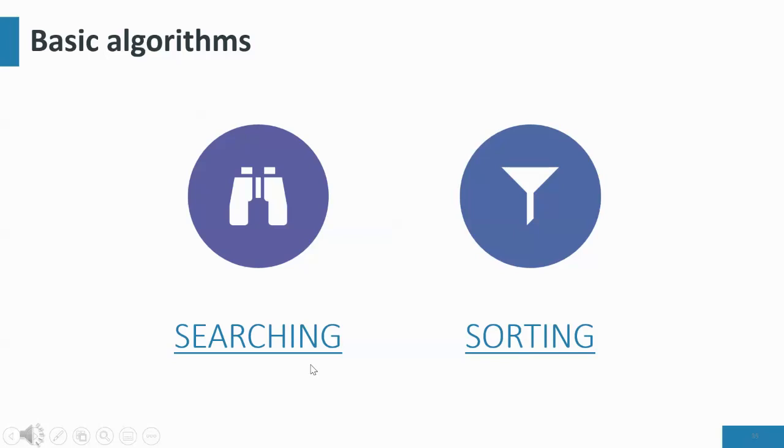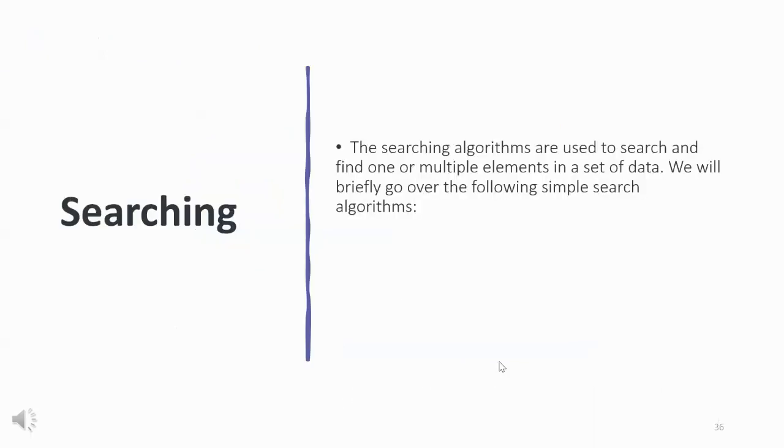We will discuss searching and sorting as examples of basic algorithms. The searching algorithms are used to search and find one or multiple elements in a set of data. We will briefly go over the following simple search algorithms: sequential search, or linear search, and binary search.